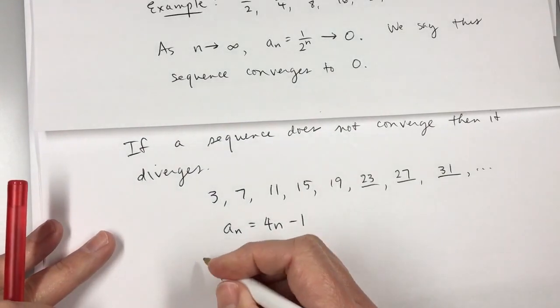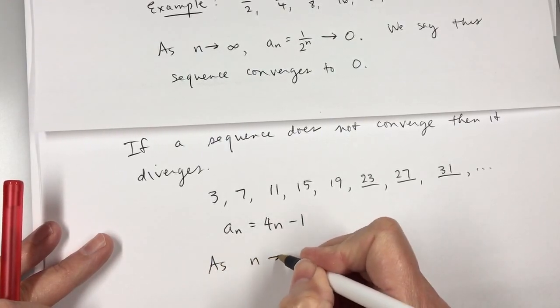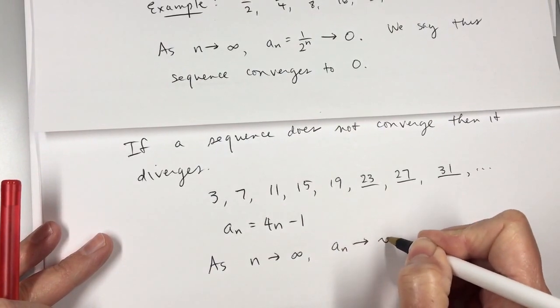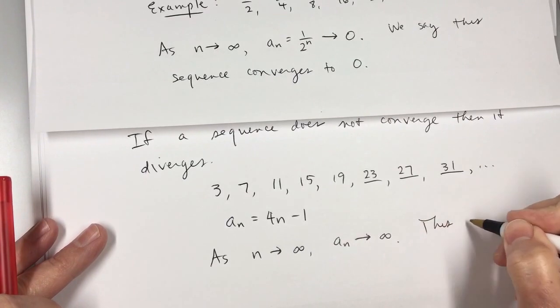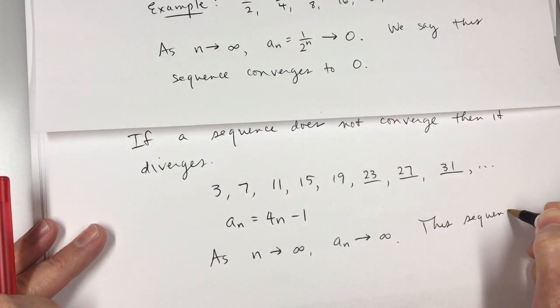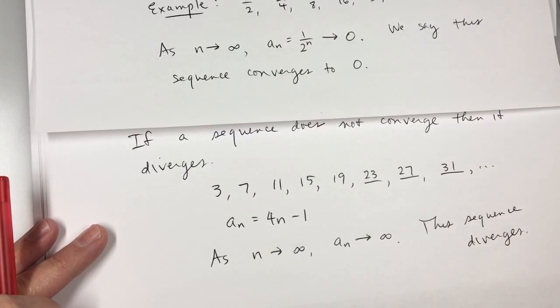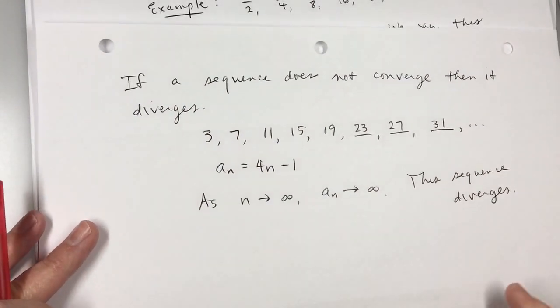No. This sequence diverges. I could say as n approaches infinity, a sub n is also approaching infinity. Now, to diverge, it does not have to be going to infinity or negative infinity.